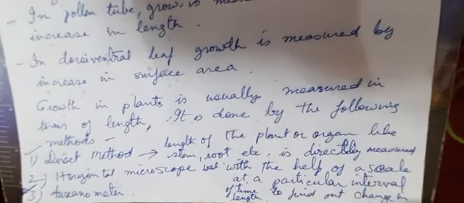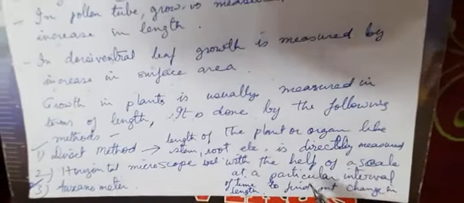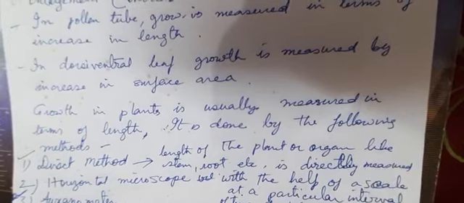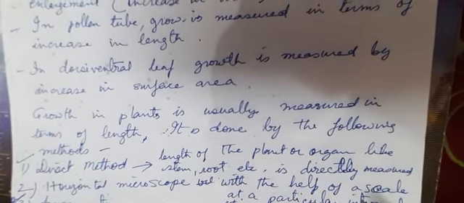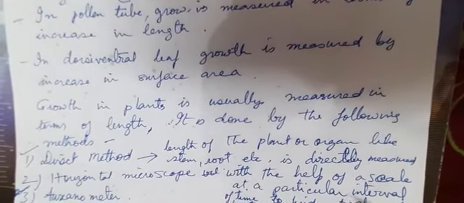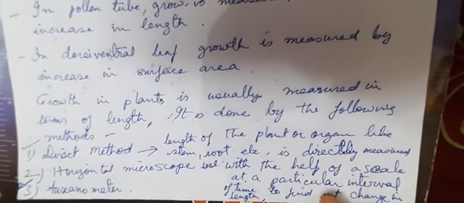It means that after a regular interval we keep on measuring the growth and we make the chart of it, and we can find out that in a particular time what will be the change in the length, and this will be showing the growth rate.